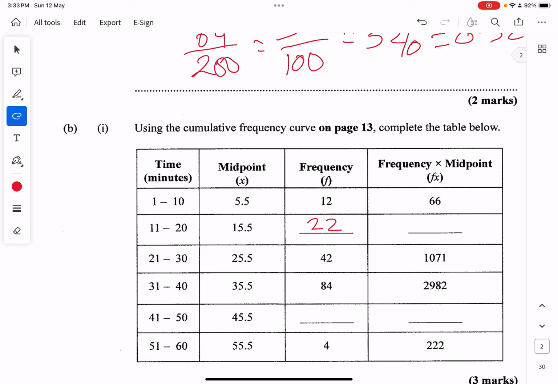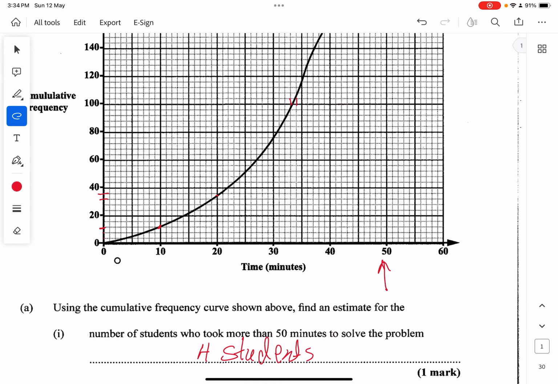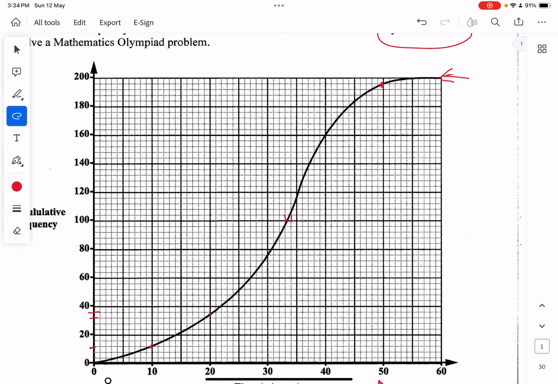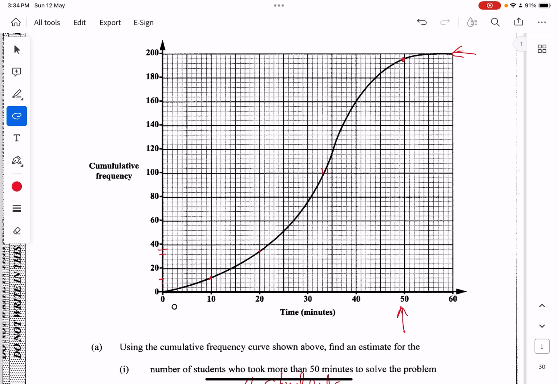And then of course, we're looking for 31 to 40 and then 41 to 50. So 31 to 40 we had 84, and 41 to 50, where we ended up at 50, we got this before, 96. So 96 take away 84 is going to be 12.